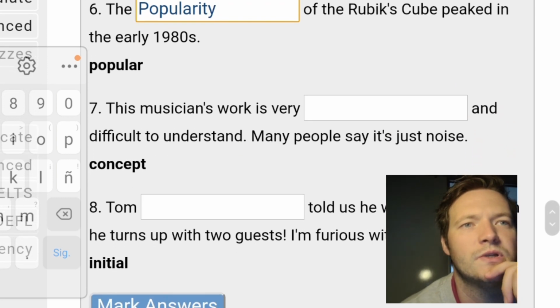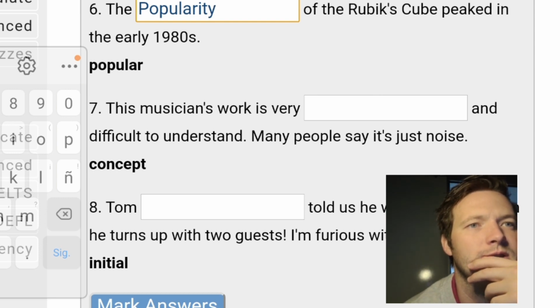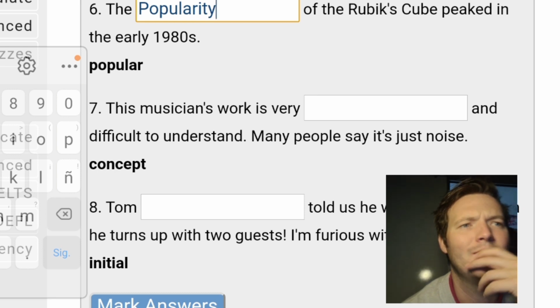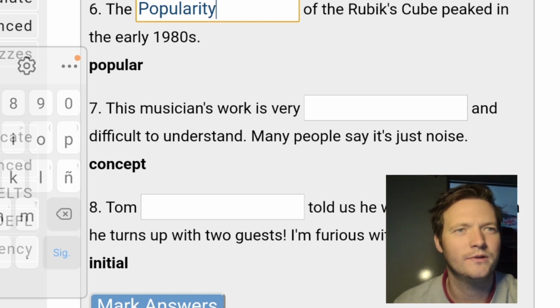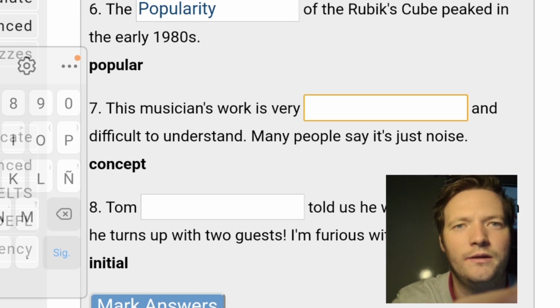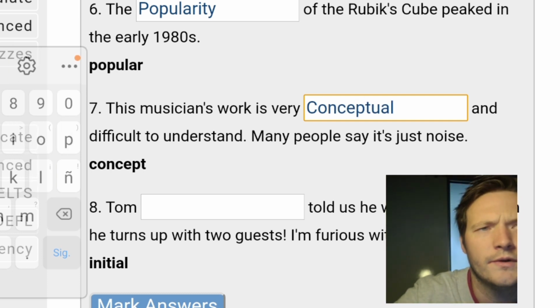The musician's work is very conceptual and difficult to understand. Many people say it's just noise. Is the word conceptual? I think it's conceptual.